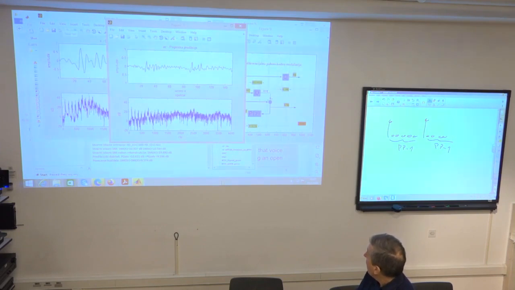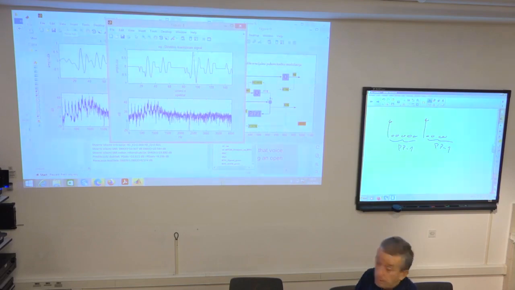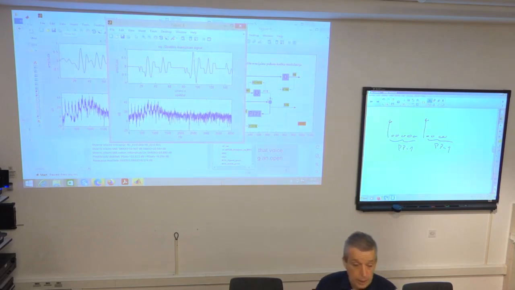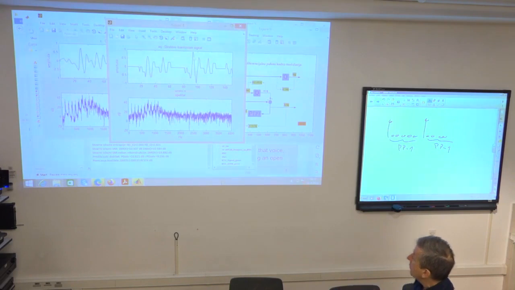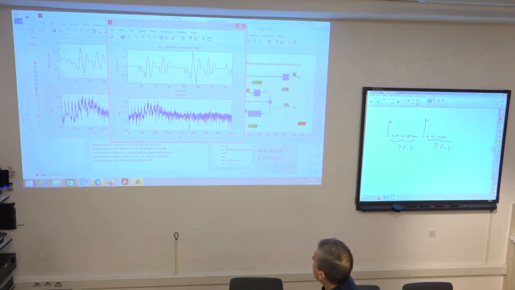So we can play the direct quantized version. You can see that it has only a small number of discrete levels: 1, 2, 3, 4, 5, 6, 7 levels. Because the rate is very low, the step size is chosen as a large step, and it cannot do better than that.